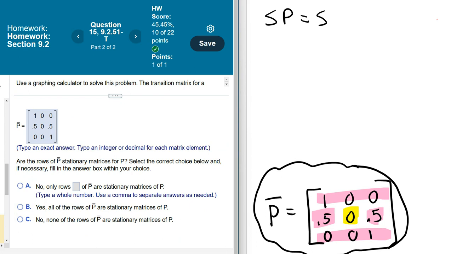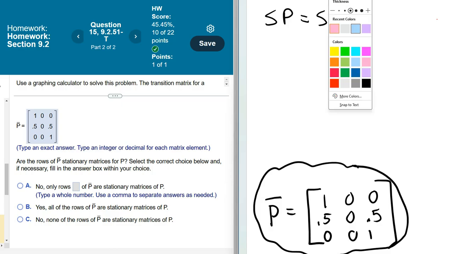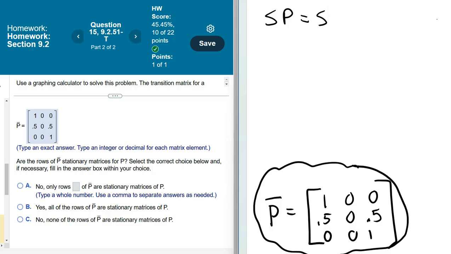So are all the rows stationary matrices? I'm going to start, let me take the highlights out because I'm going to use them in different highlights now. Let's go with the first row. I'm going to let the first row be S, and if I take S times P, do you get S?